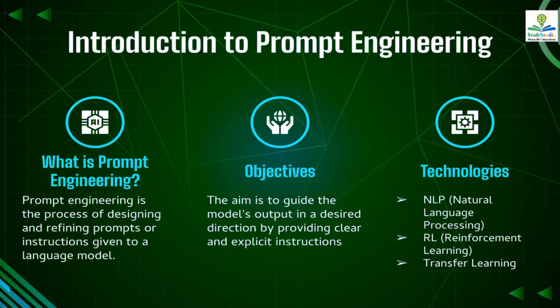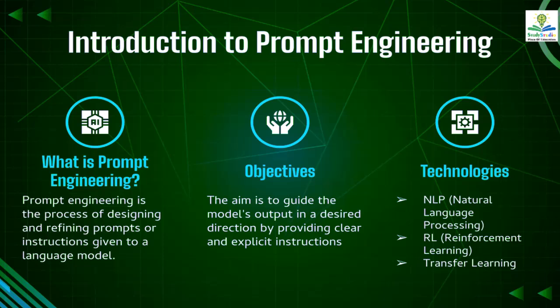NLP technologies, for example, text classification, named entity recognition, and sentiment analysis, are employed to analyze and process prompts, ensuring they provide clear instructions and constraints to the language model. Alright, so NLP is also the tool that was mainly used to translate the human language to computer language. So that's the reason why NLP plays a very crucial role here.